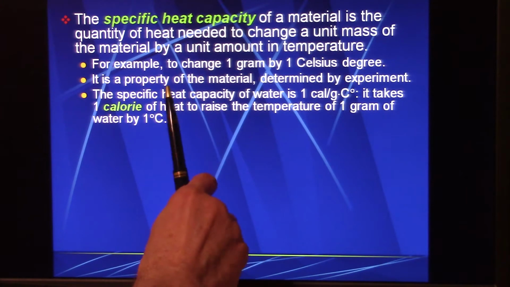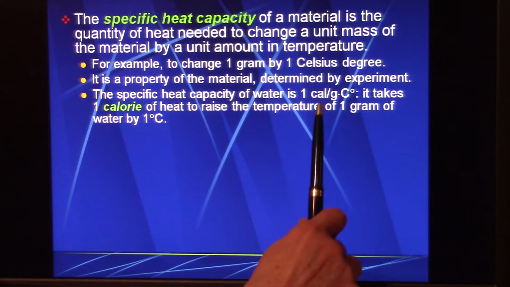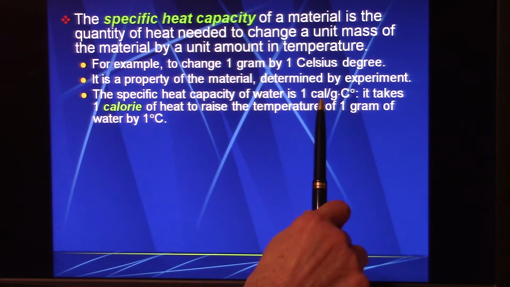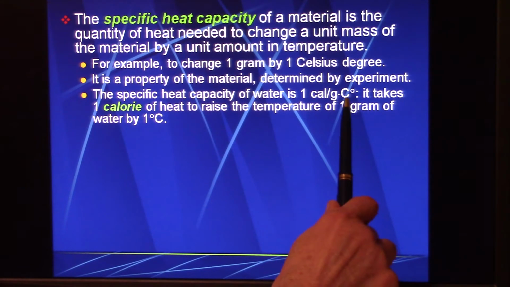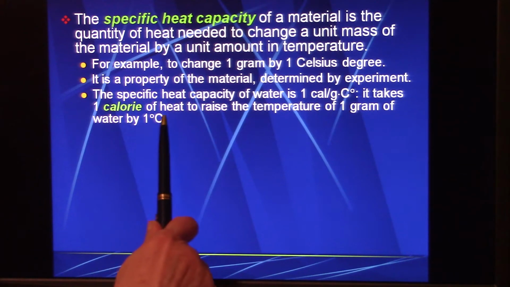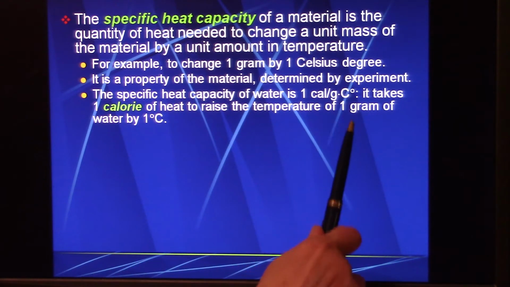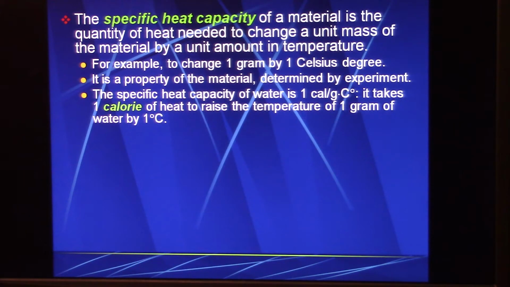So the specific heat capacity of water, right, is 1 calorie per gram degrees Celsius. It takes 1 calorie of heat to raise the temperature of 1 gram of water by 1 degree C. So this is the best definition.